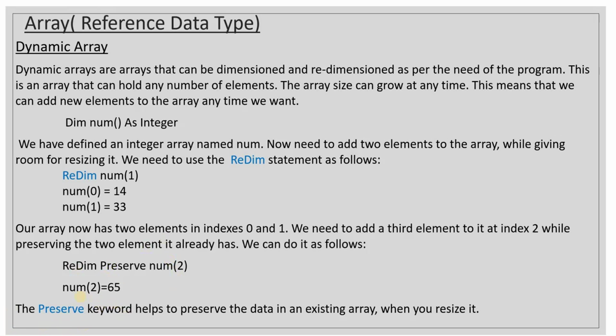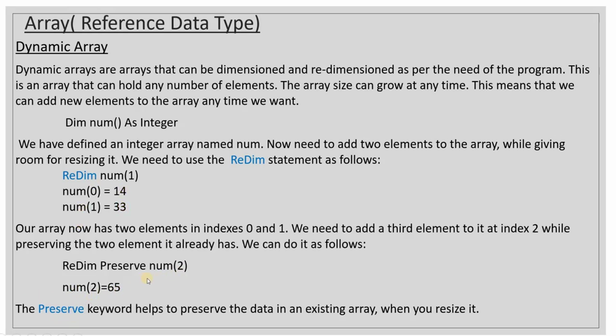Then this is num, the array name. Again, ReDim is for redimension, Preserve to preserve the data in an existing array, and this is my array name num, and 2 is the dimension. Here we don't need to again write num(0) equals 14, num(1) equals 33 because they already exist. Now we write num(2) equals 65.